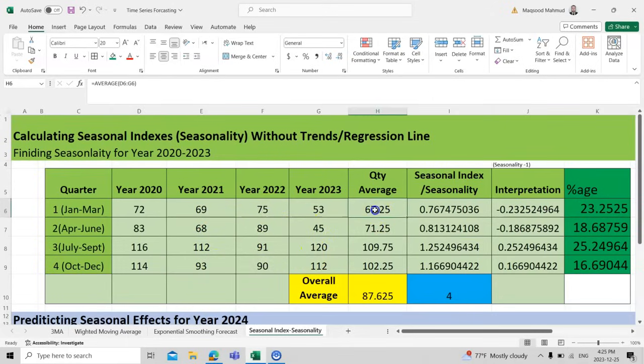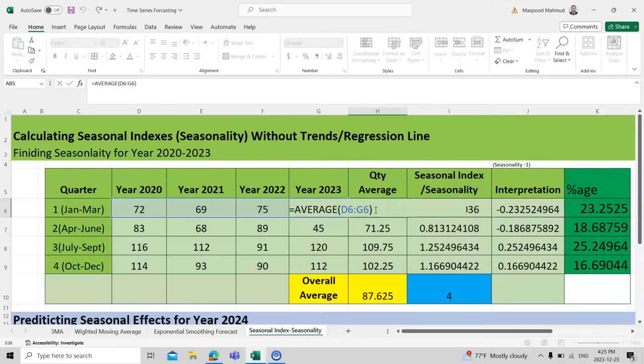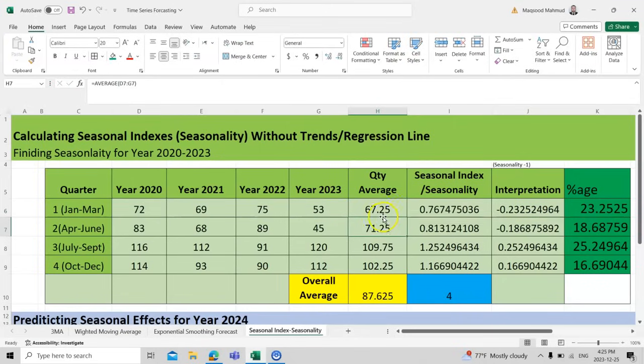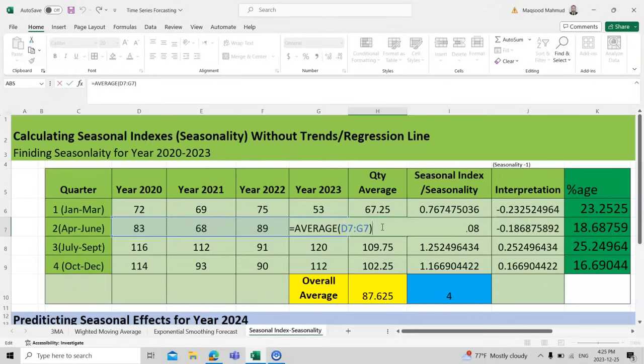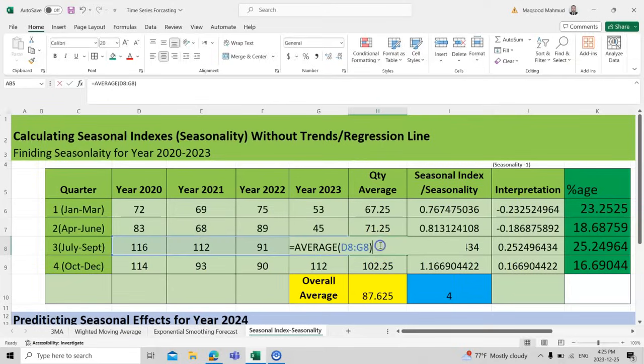Now we find the average for the first quarter, from January to March, across all 4 years. The average was 67.25. Similarly, we find the average for the 4 years from April to June, and then for the July to September quarter, which is 109.75.